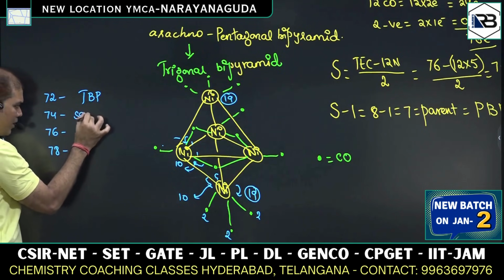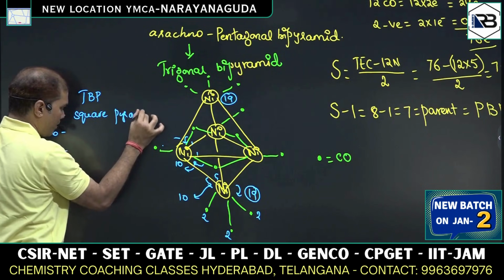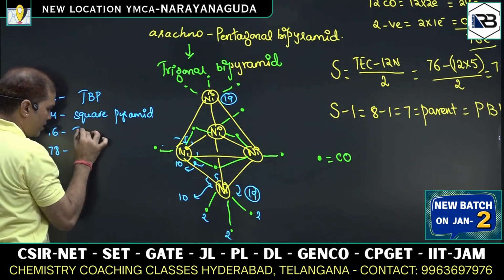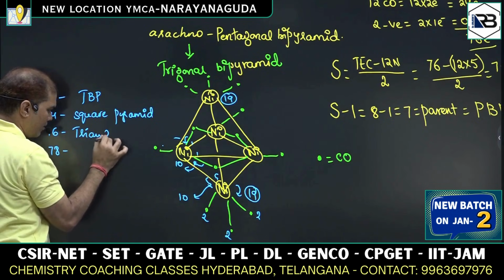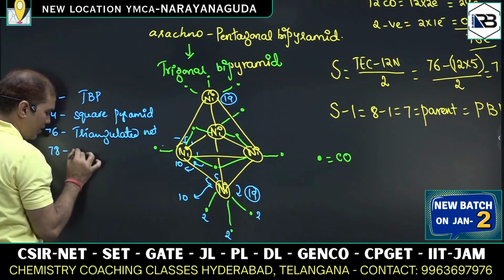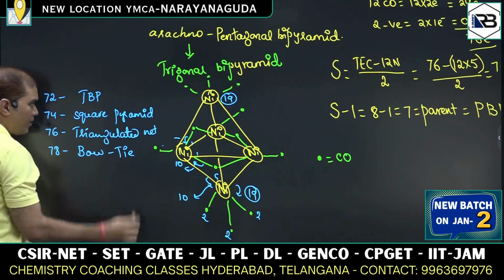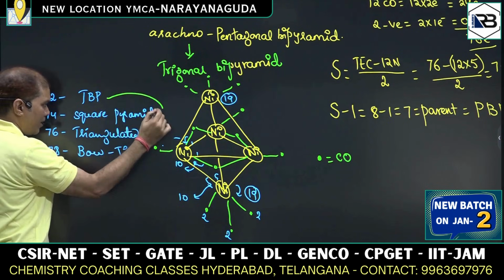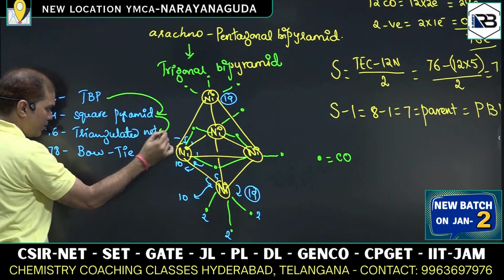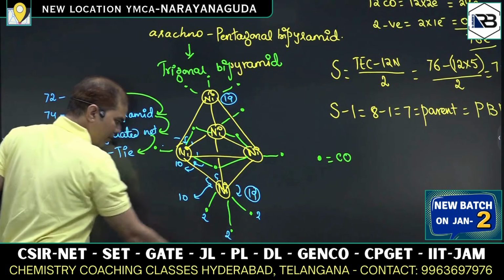For 74 it is taken as square pyramid. For 76 it is taken as triangulated net. And for 78 it is taken as bow tie, where all these are generated from TBP breaking one bond, square pyramid breaking one bond, and triangulated net breaking one more bond, we will be getting bow tie.